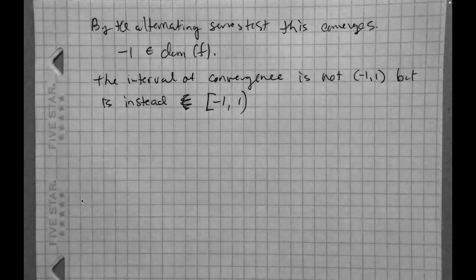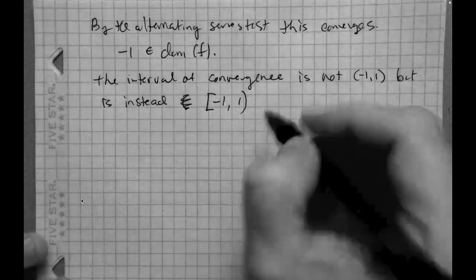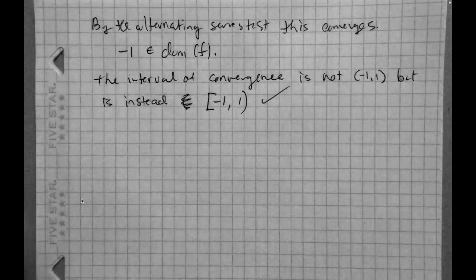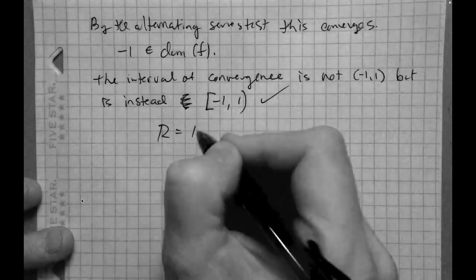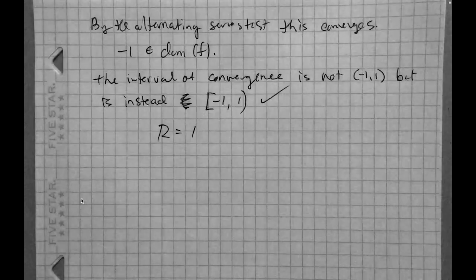So this is a half-open interval. All right, so this is the interval of convergence. Of course, R is still 1. That additional point at the lower end of the interval doesn't impact the radius of convergence. But technically speaking, the interval where the convergence takes place does include the lower endpoint.